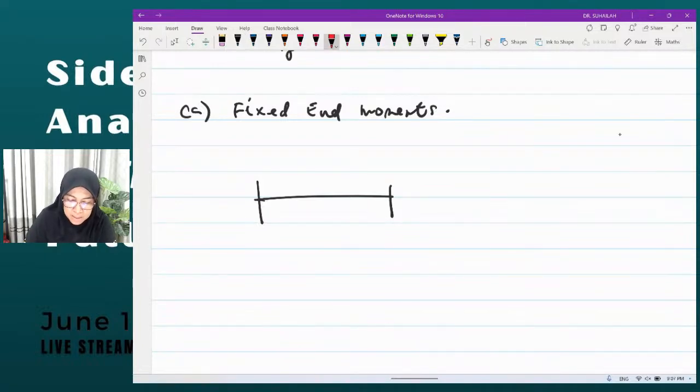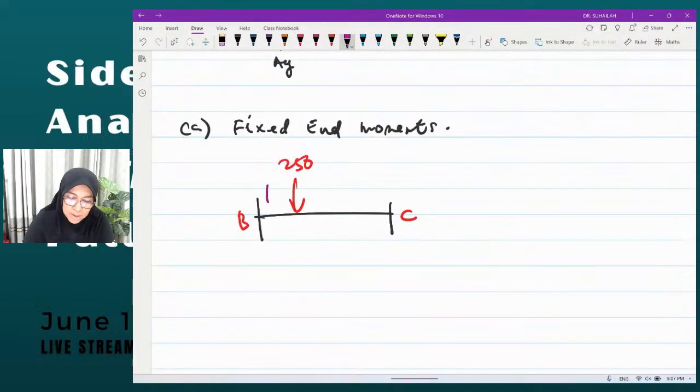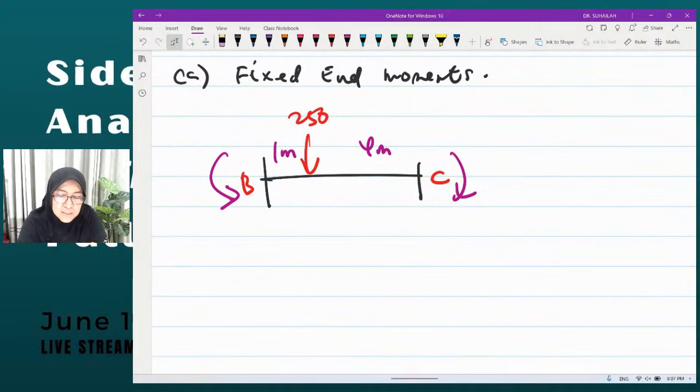This one is B and C, with a point load 250, 1 meter and 4 meter. The moment is acting in this direction. So we calculate FEM. For this, check the formula.